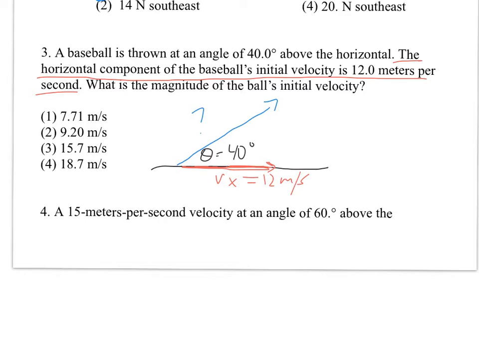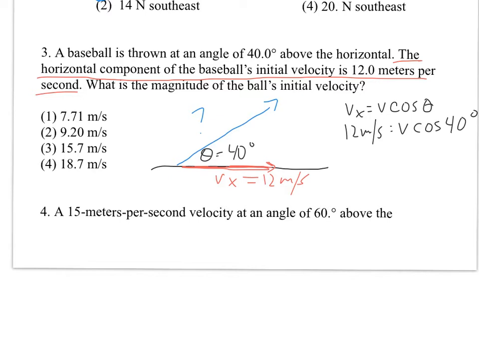So we've got to work backwards with our equations here. So how do we find a horizontal component? We use cosine. So 12 meters per second is equal to V, which is what we're solving for, times cosine of 40 degrees.